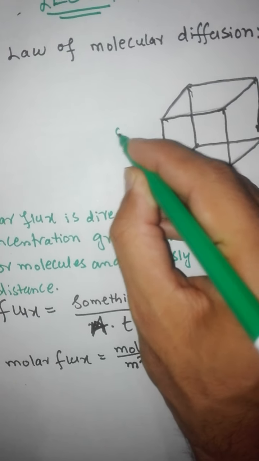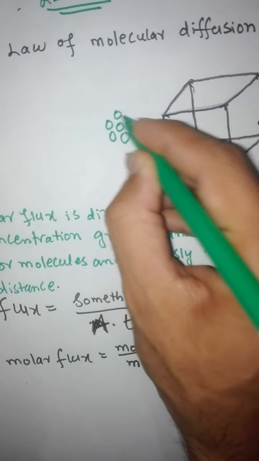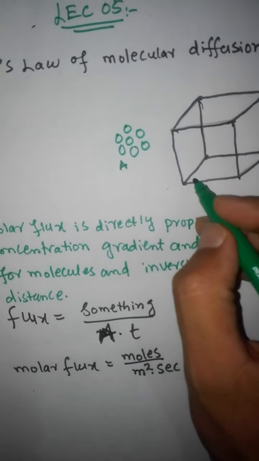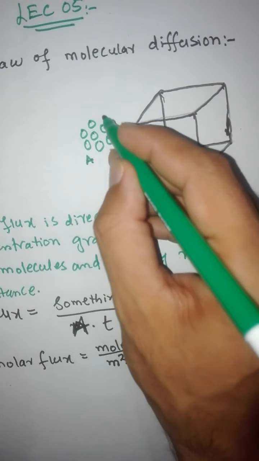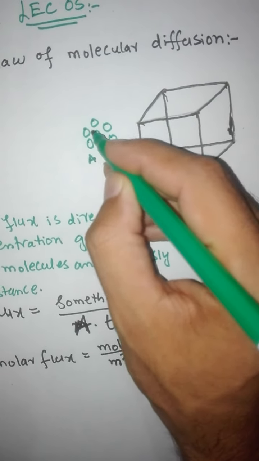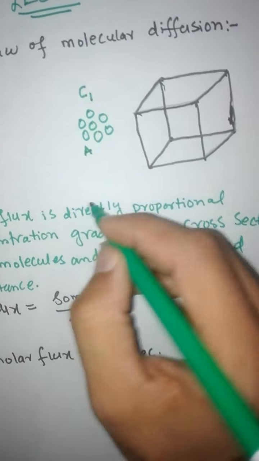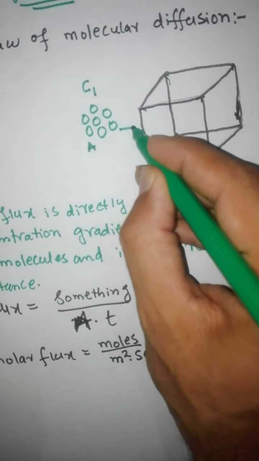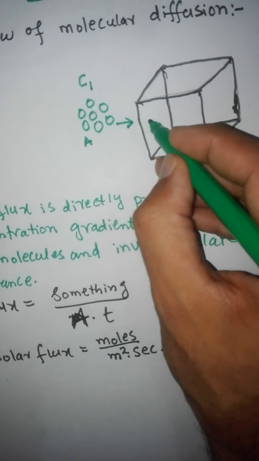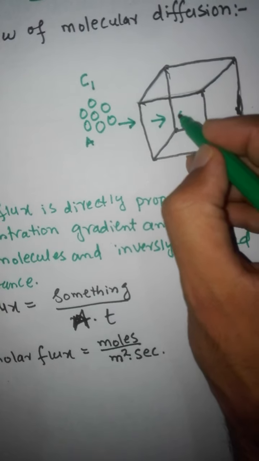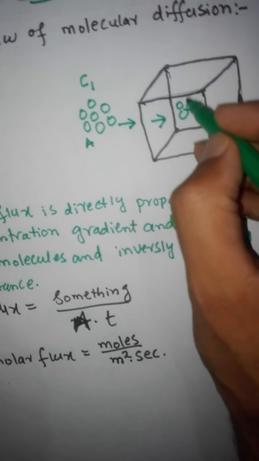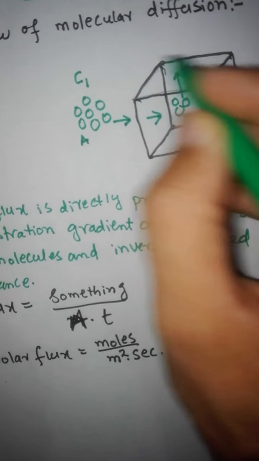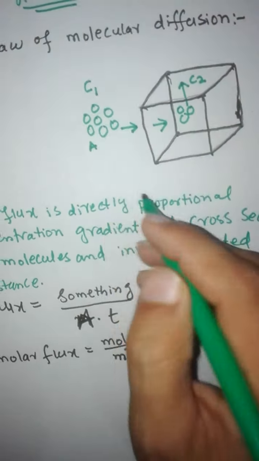Suppose there are some molecules of component A on this side, and the concentration of component A on this side is very high, denoted by C1. These molecules are transferring through this box from the left side to the right-hand side, and the concentration there is very small, denoted by C2.